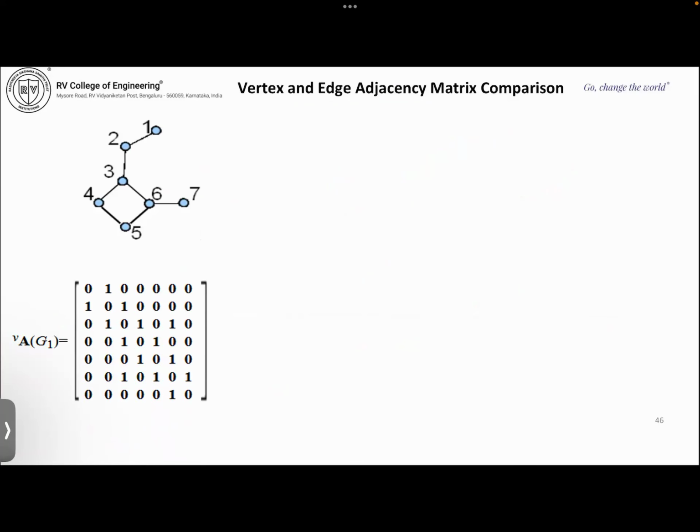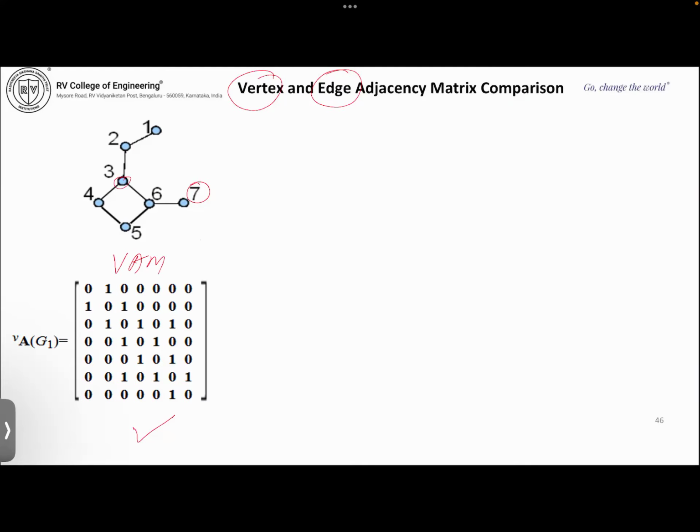Let us understand the vertex and edge adjacency matrix comparison. We have defined VAM and EAM. Let us compare them for a particular molecule. This has 7 vertices, 1, 2, 3, 4, 5, 6, 7. This is the matrix representation, the VAM, vertex adjacency matrix.